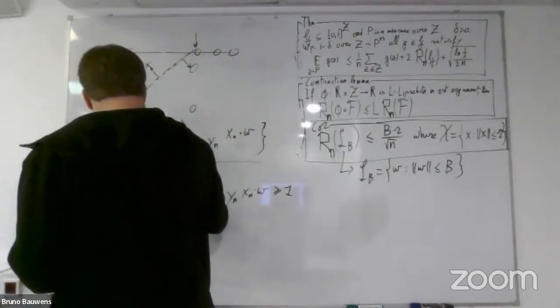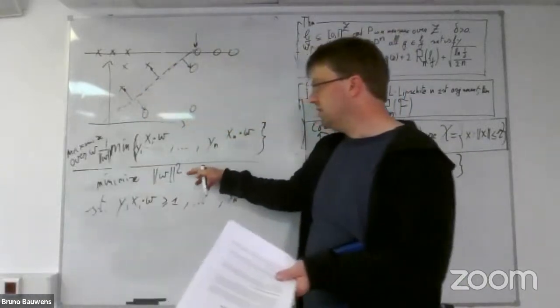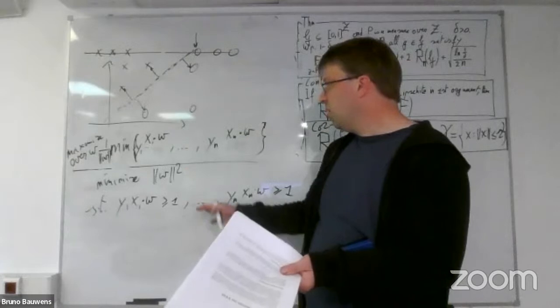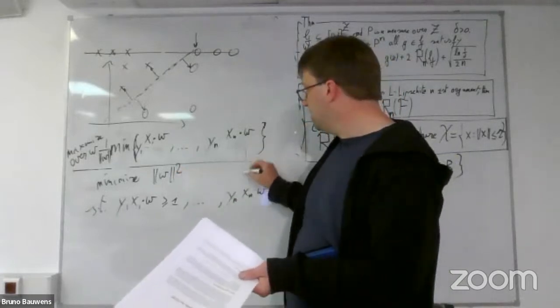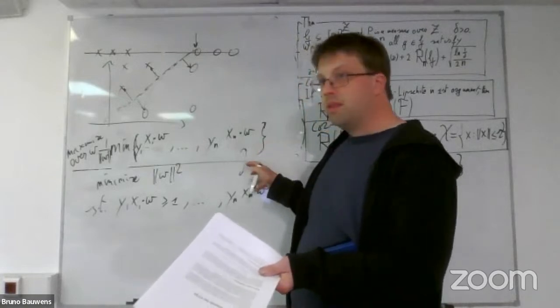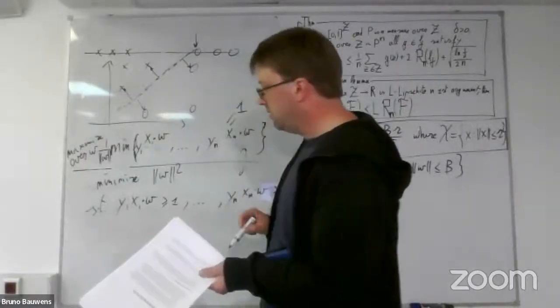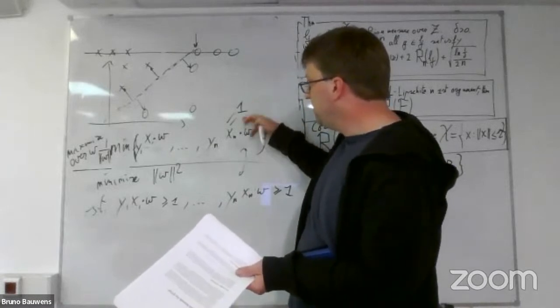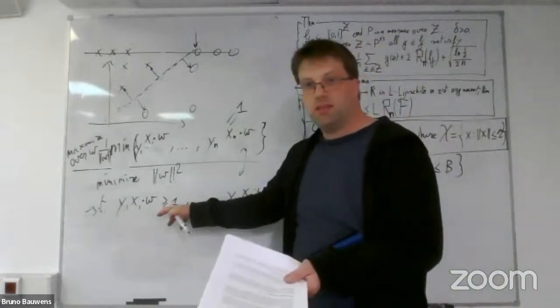The squared norm of W is a convex function, and moreover, it's strictly convex. So these problems are equivalent. How did we arrive at the conditions? We said that this minimum is equal to 1, which is equivalent to this thing, but here we have inequalities.